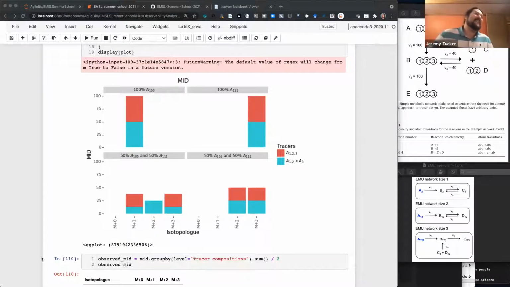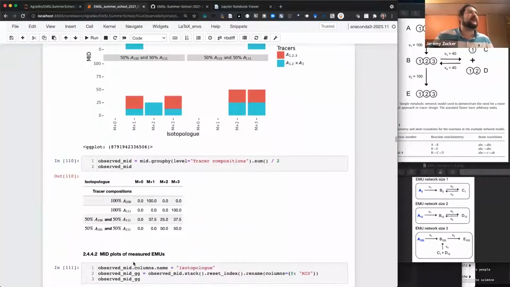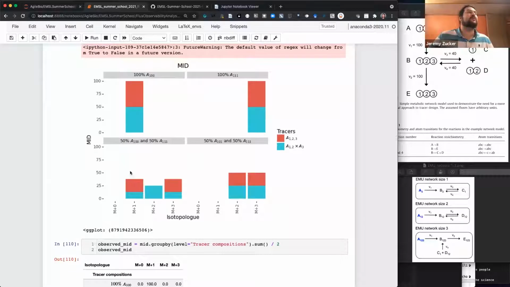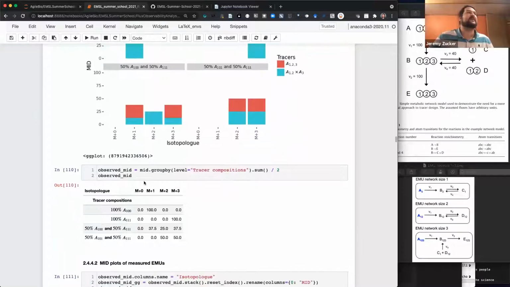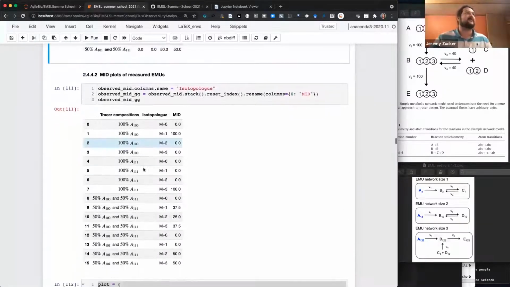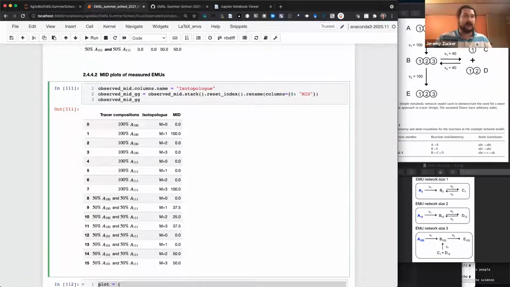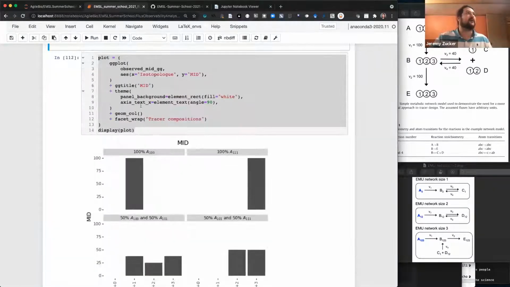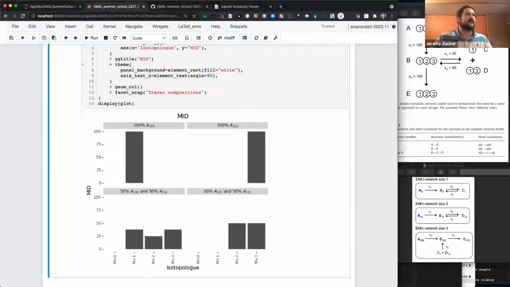That's great. Okay, now I just want to make sure that people understand that what you see is not the red and the blue. What you end up seeing is just the observed MID, which is what happens when you add those two together. And so the observed MID will look like this.